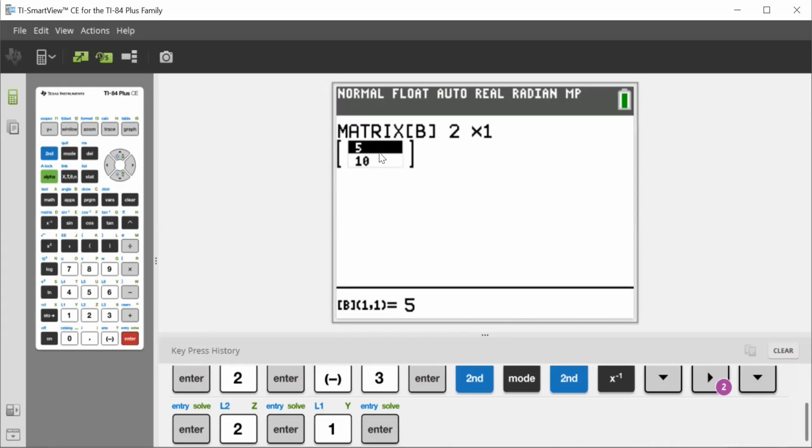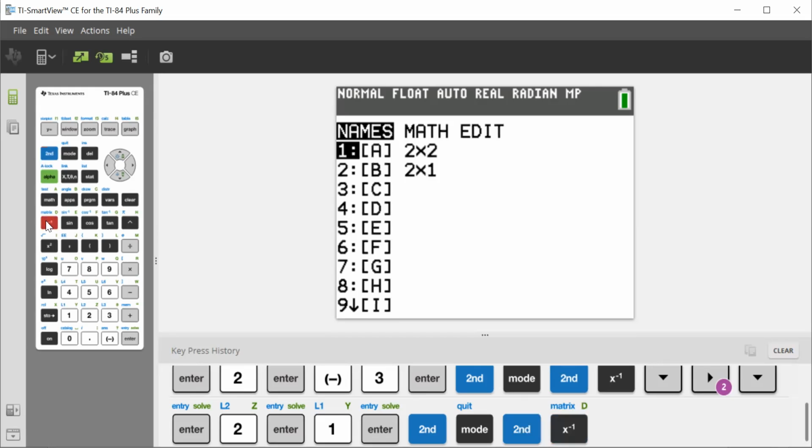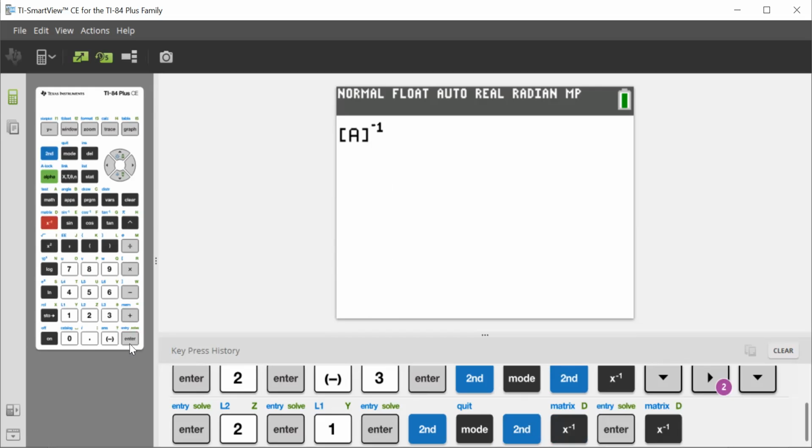So A is my coefficient matrix, and B is my answer matrix. Quit. Find the inverse of my coefficient matrix: matrix A to the -1 equals, yay, what we did, -3, 2, -2, 1. I can write that on my paper for the next line, times my answer matrix of 5, 10.